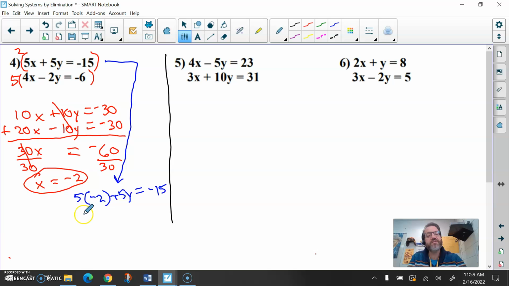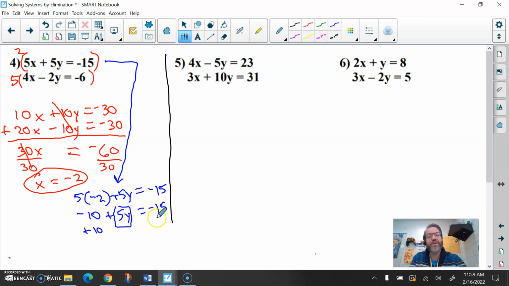All right, 5 times negative 2 is negative 10 plus 5y equals negative 15. We're getting close now. Now, to get this variable term to be by itself, to isolate this term, I have to get rid of the negative 10 that's being added to it. So we're going to add 10 here. After all, negative 10 plus 10 is 0.